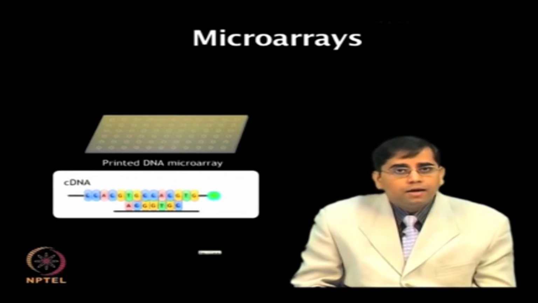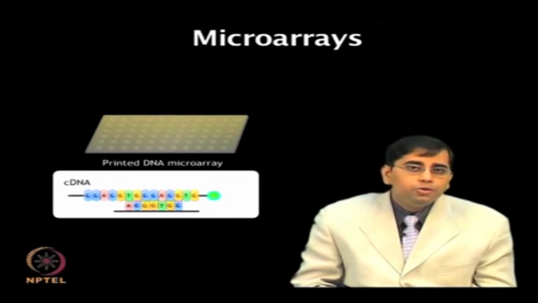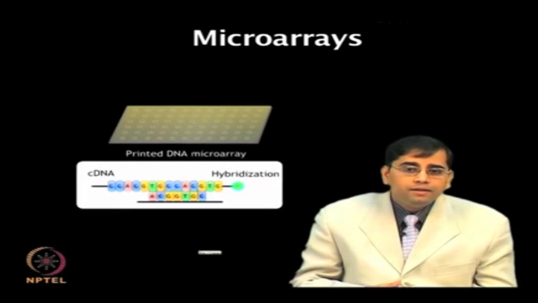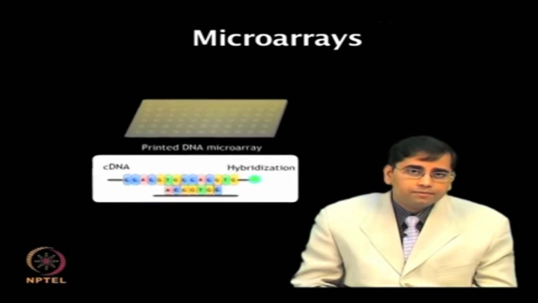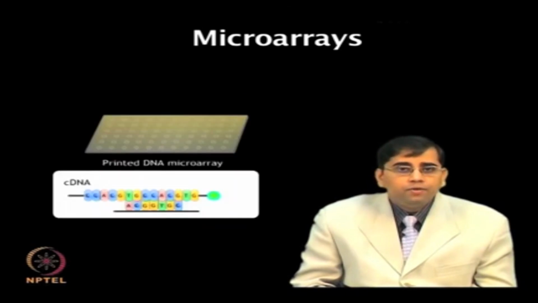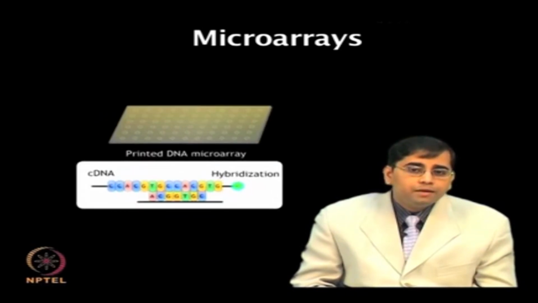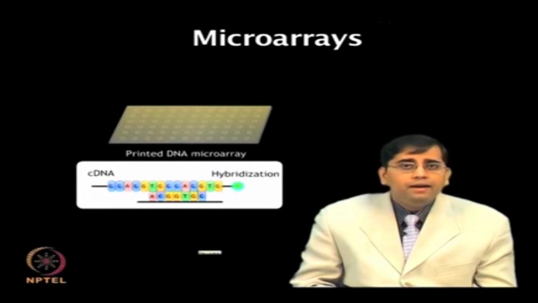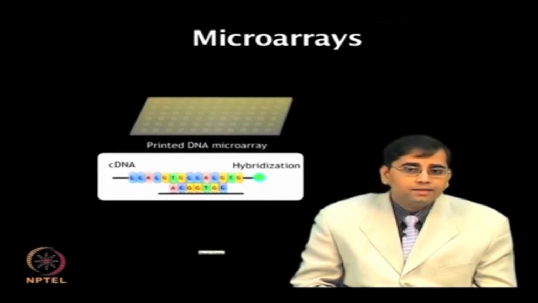This allows hybridization to occur between the probe oligonucleotide on the array surface and the labeled cDNA sample of interest. In this manner, the expression level of thousands of genes can be measured and analyzed simultaneously.